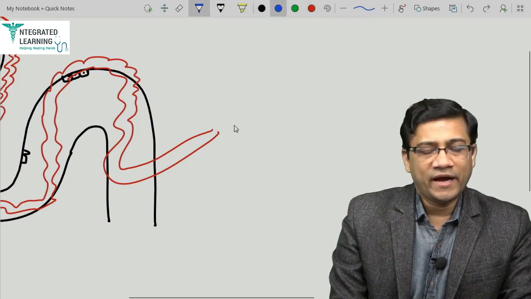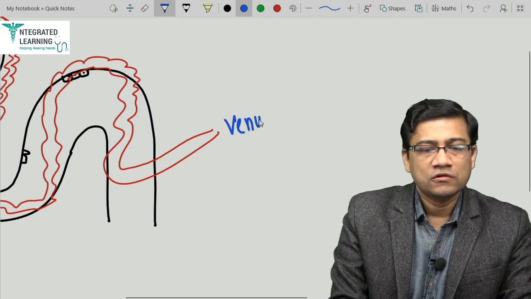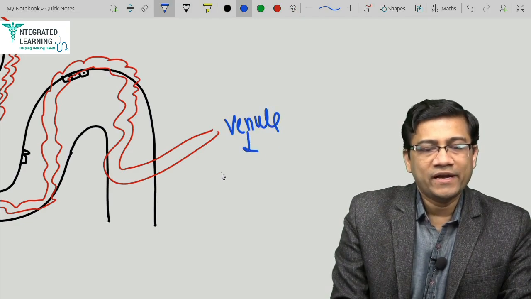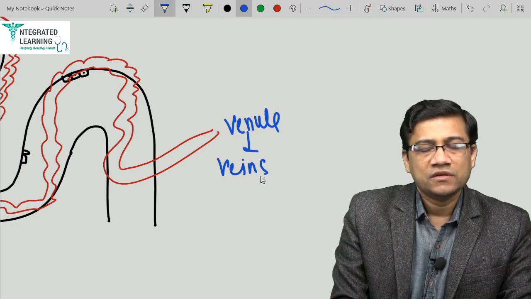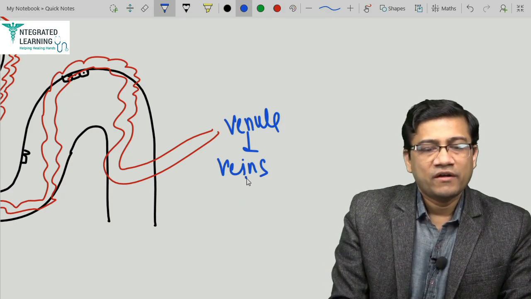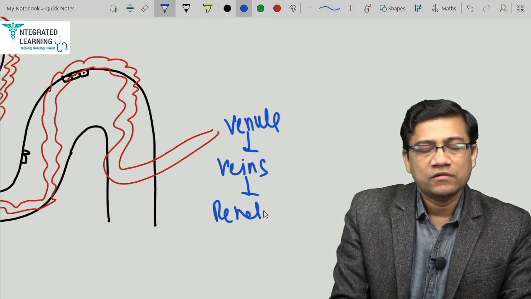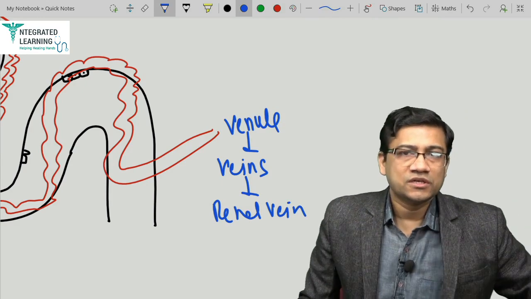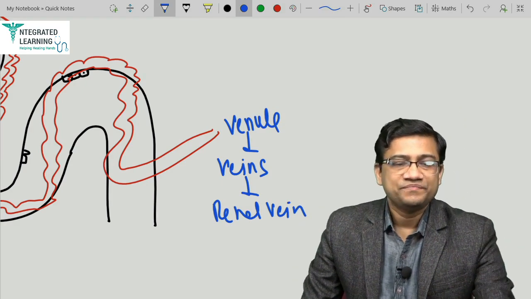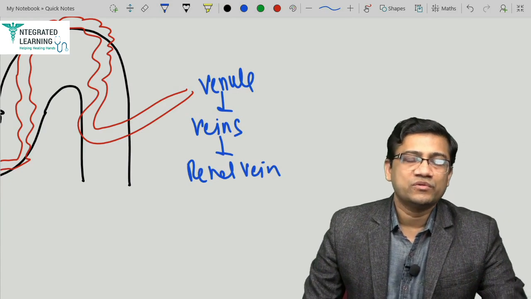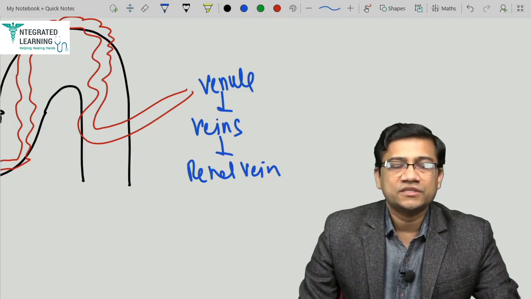They will end up in venules, venules will end up in other veins, the same reverse order, and finally the renal vein. So the last structure we would be having is the renal vein.